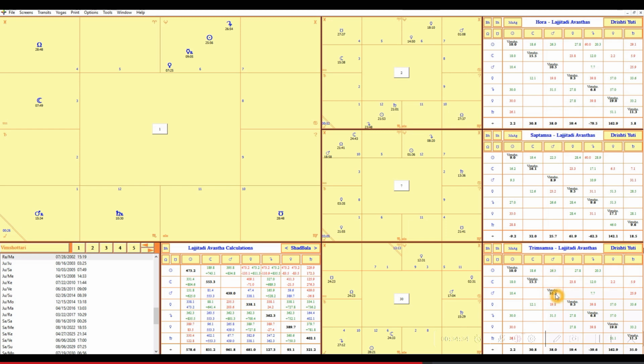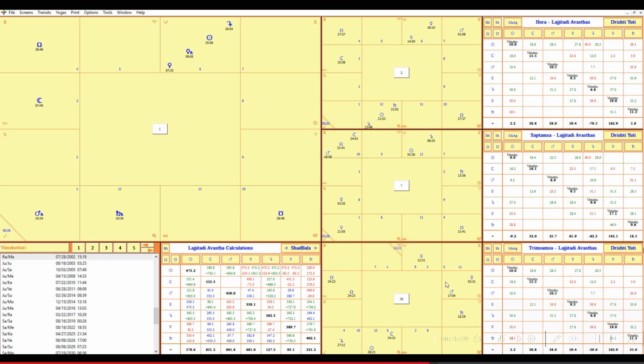So since Mars has a 10.5 Vimshopaka, the level of fulfillment will be 10.5 divided by 20, a little over half of any good values he has. Now, the level of starvation is going to be 9.5, 20 minus 10.5, right? So the Vimshopaka lets us see how troubled the planet's going to be in the Varga.